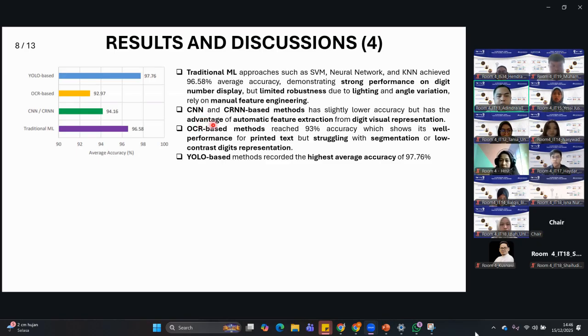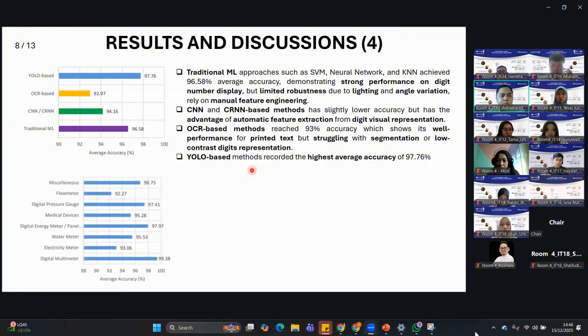And then the OCR-based method reaches 93% accuracy. It performs well for printed text, but struggles with digit representation. And then YOLO records the highest accuracy.